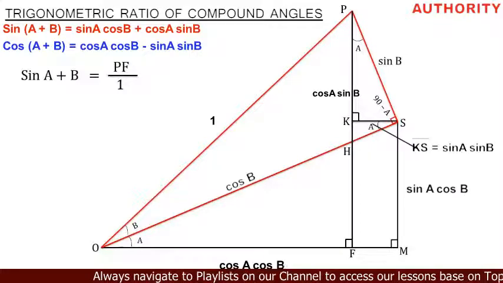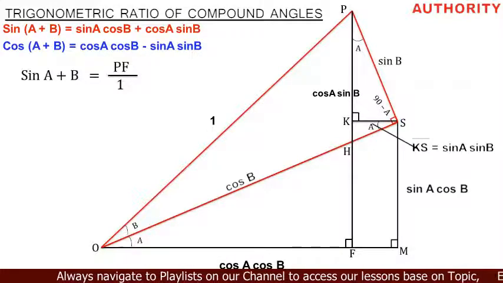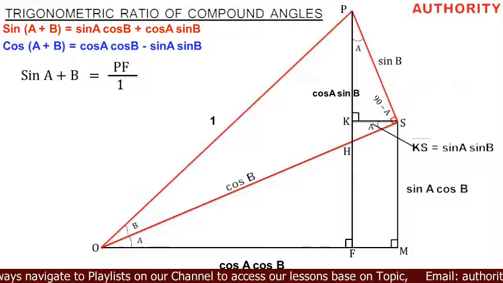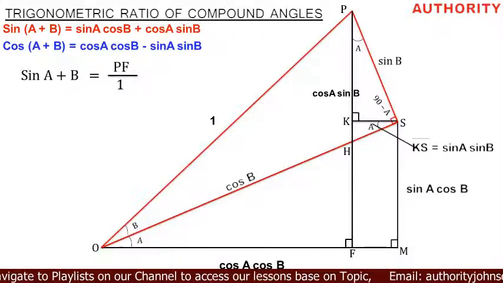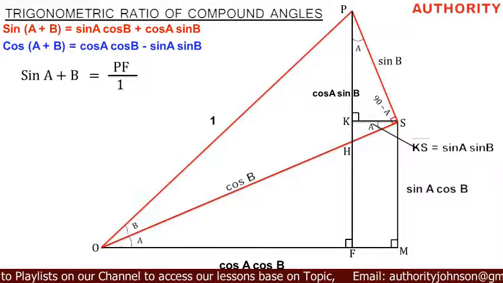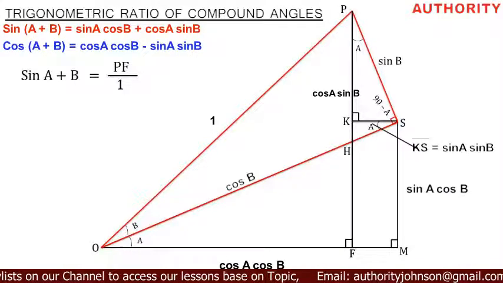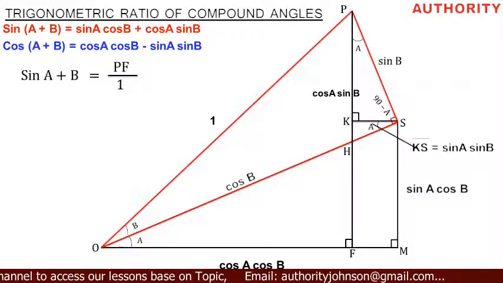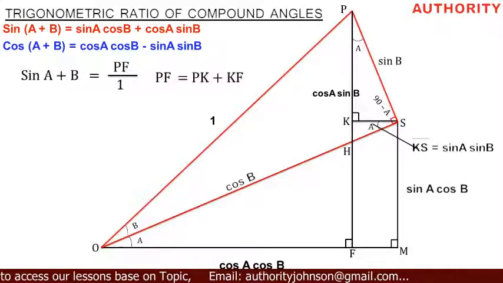We know our SM to be sin A cos B, and we know our PK to be cos A sin B. That means to find the line PF, we're going to say PK plus KF, and KF is the same as SM.